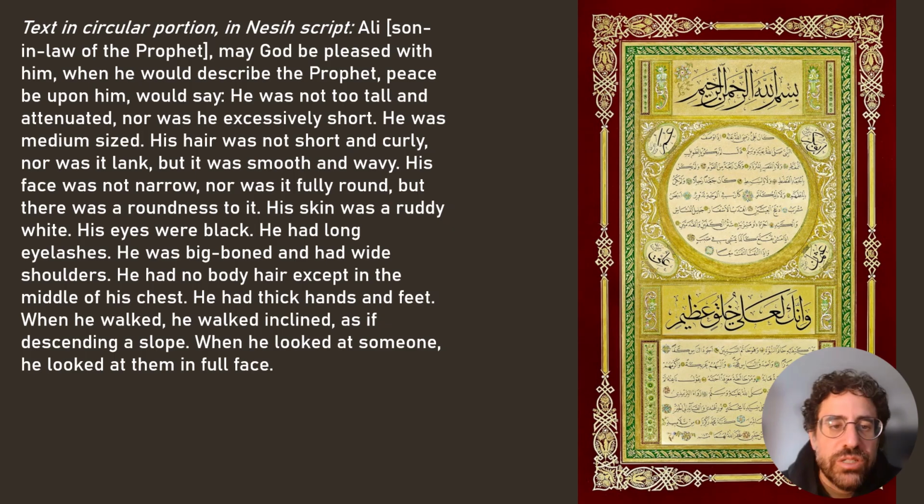If you were to read it, in the circular portion, it describes the Prophet Muhammad: he was not too tall and attenuated, nor was he excessively short. He was medium-sized. His hair was not short and curly, nor was it lank, but it was smooth and wavy. His face was not narrow, nor was it round, not fully round. His skin was a ruddy white. His eyes were black. He had long eyelashes, was big boned, had wide shoulders, no body hair.